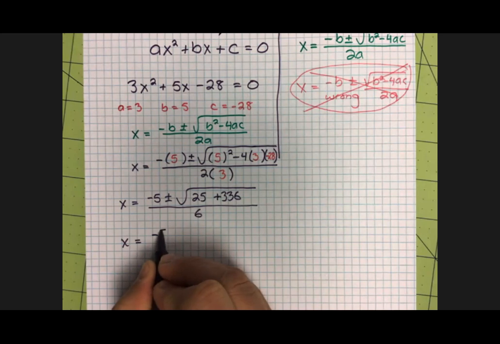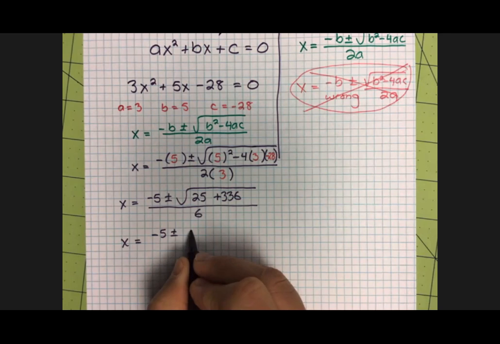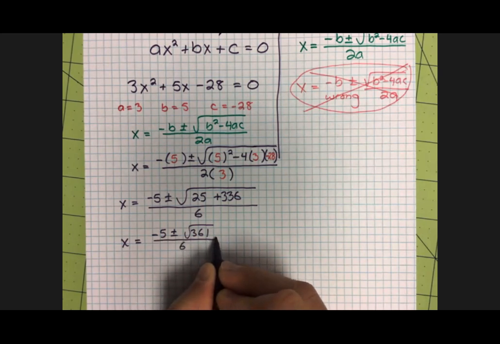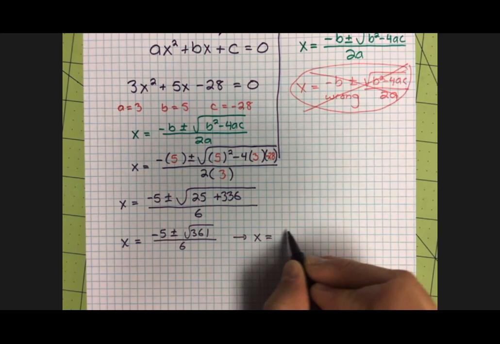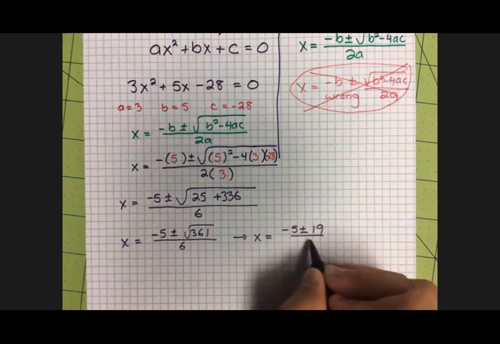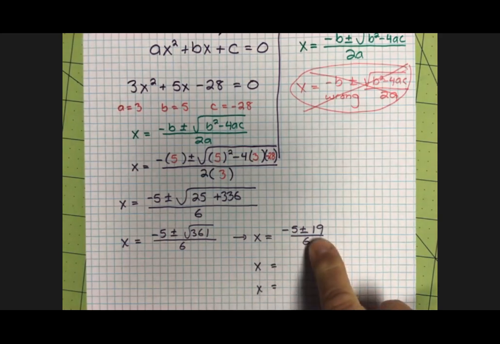Now it's going to look more like what we did once, isn't it? 25 plus 336 is 361. And I remember how that turned out to be a perfect square. So I have minus 5 plus or minus square root of 361, which was 19, over 6. And remember, that's two answers. And I can clean this up.